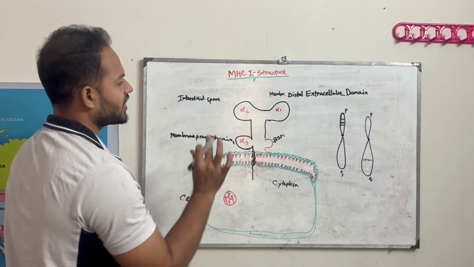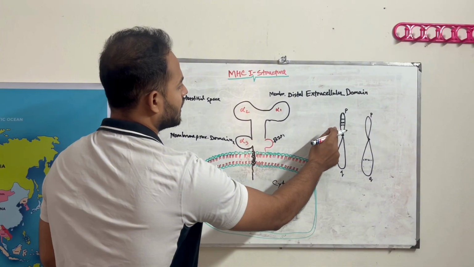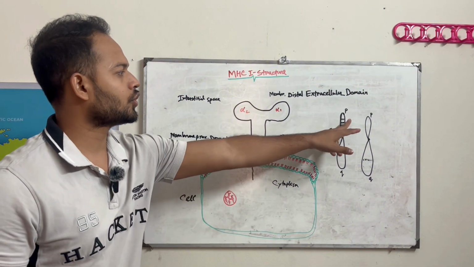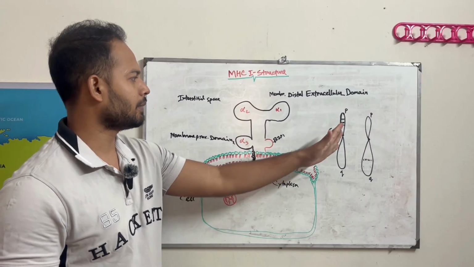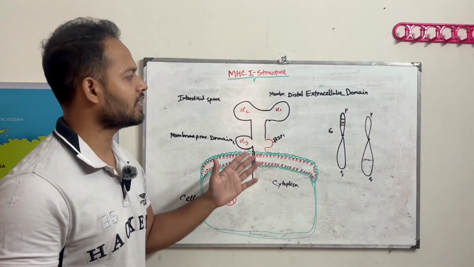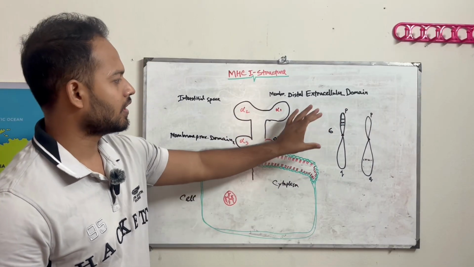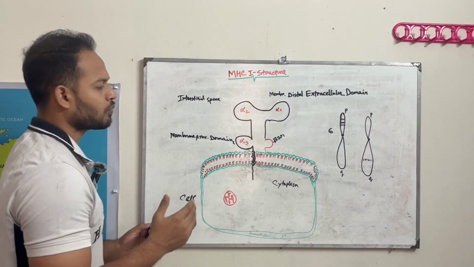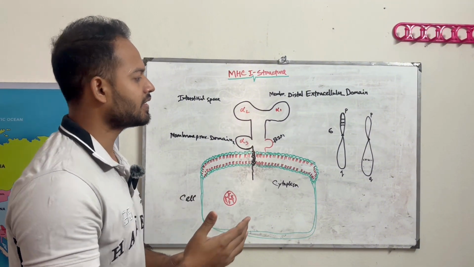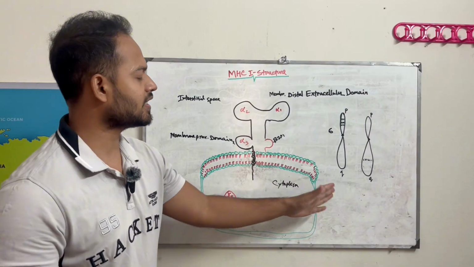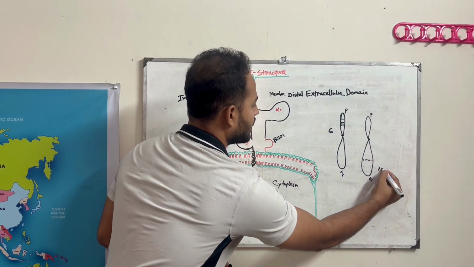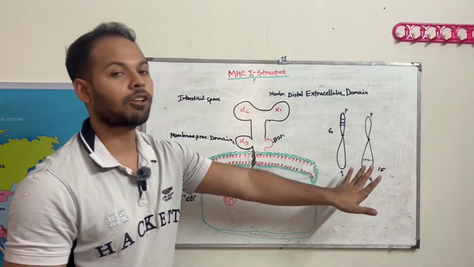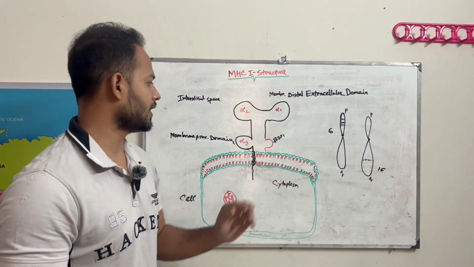This alpha chain comes from the MHC class gene on chromosome number 6, from the short arm known as p, meaning petite. Petite in French means short. The other structure, beta 2 microglobulin, is not an MHC class gene; it is a single gene that comes from chromosome number 15, but not from the short arm. This time it came from the long arm of chromosome number 15.